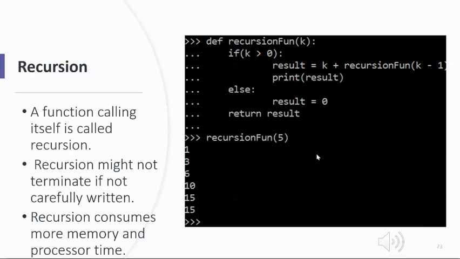In the example, we define a function recursion fun, and we can see that inside the if branch, we assign the function itself with parameter k-1 to a result. So that means in the function recursion fun, we call the function itself. And this technique is called recursion.